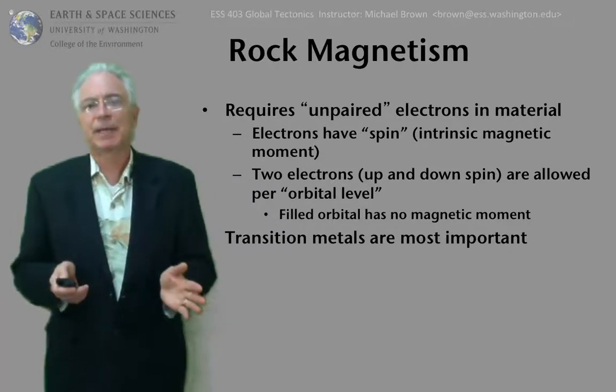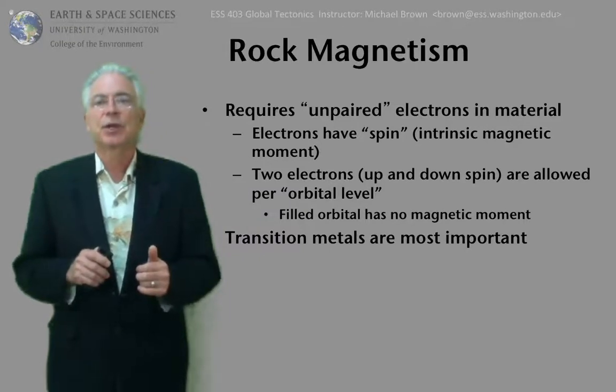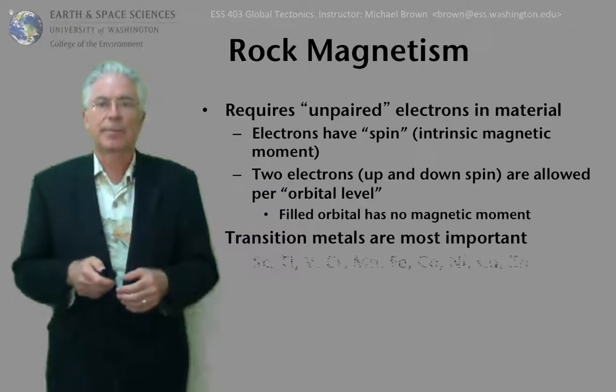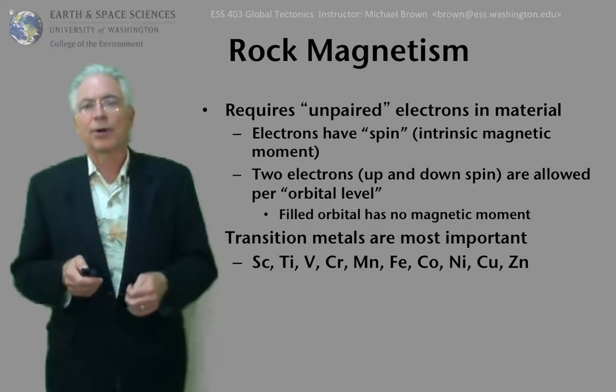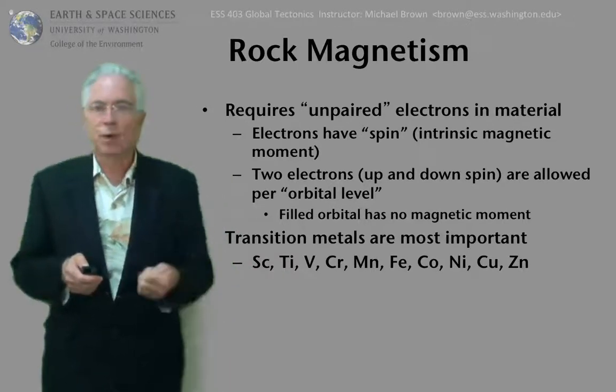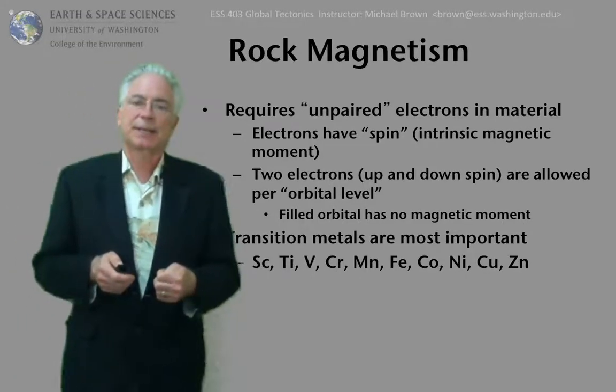Now, the transition metals turn out to be a particularly important class of elements to generate magnetic properties. And the transition metals in the 3D row are scandium, titanium, vanadium, chromium, manganese, iron, cobalt, nickel, copper, and zinc.